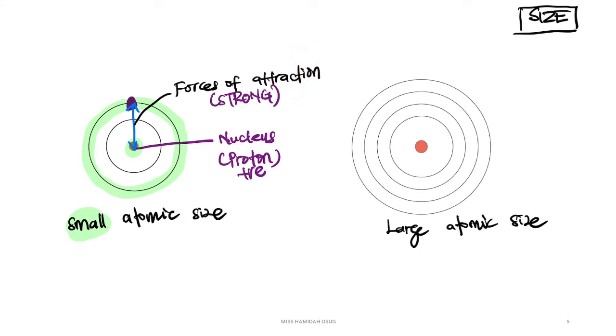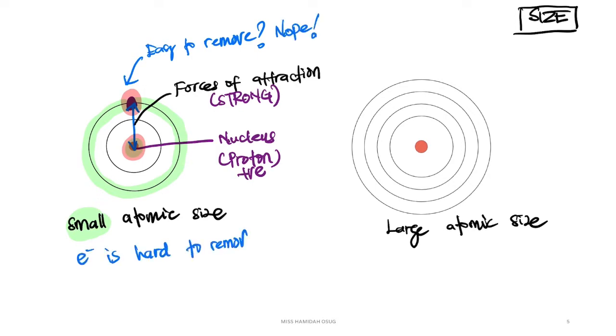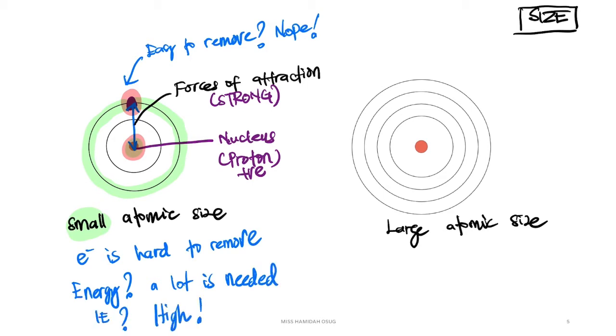So when the force of attraction is stronger, the electron will be strongly held by the nucleus, in which case the electron is very hard to remove. So we will be needing a lot of energy to remove the electron, meaning to say the ionization energy also will get higher.